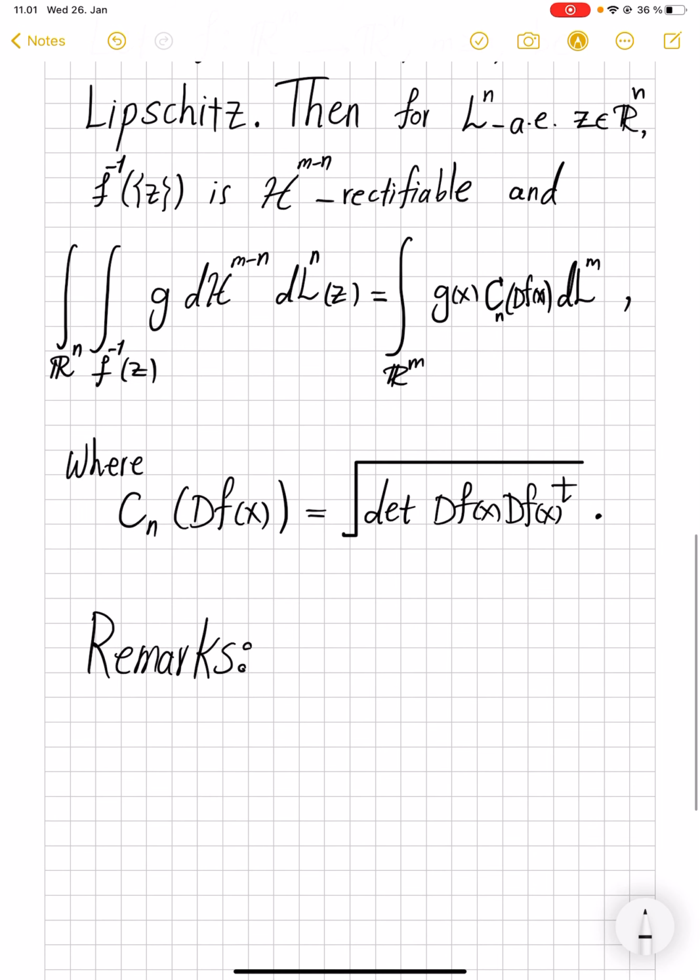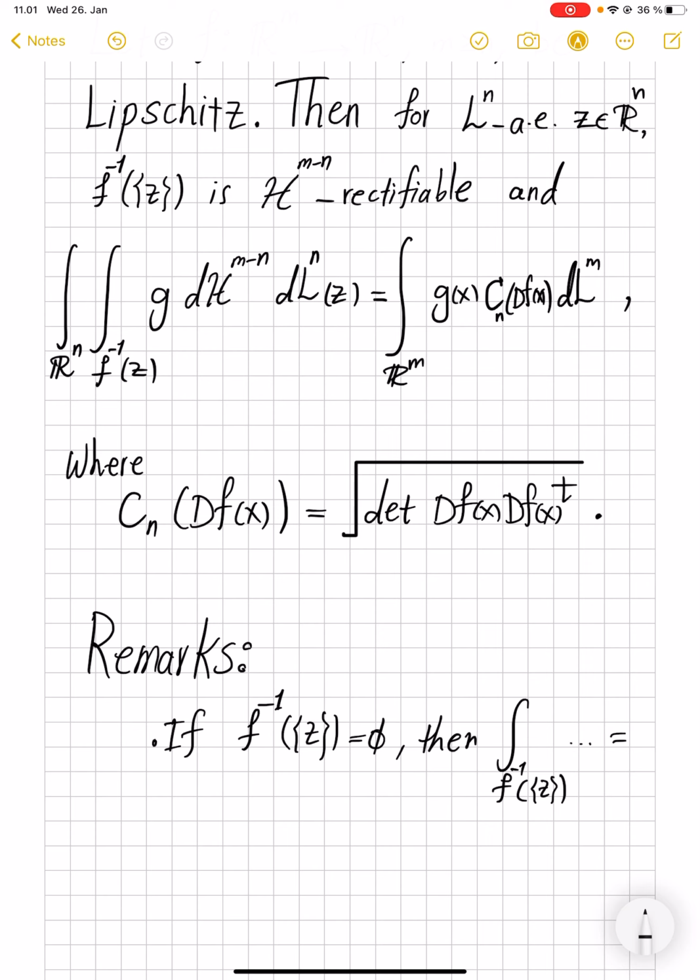It could be that for some values of z, the level set is empty. If no value is mapped to z, then this preimage will be empty, and the integral over that set is defined to be 0. And that's actually one of the nice cases.